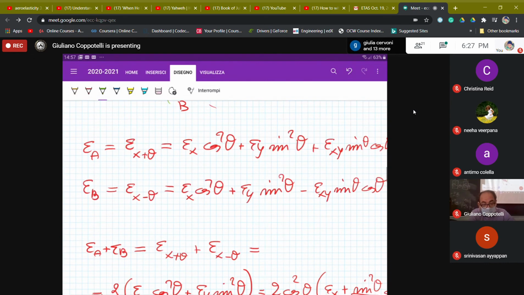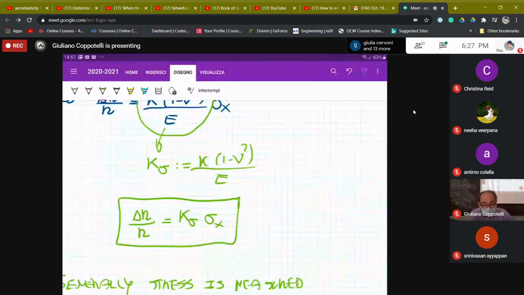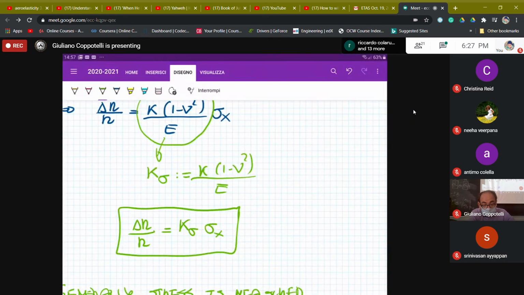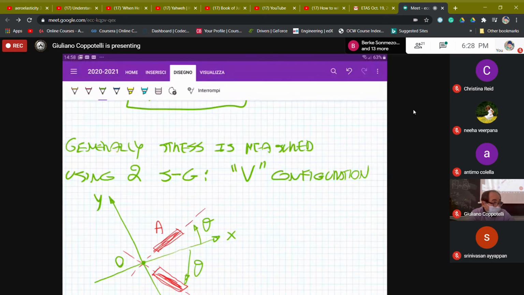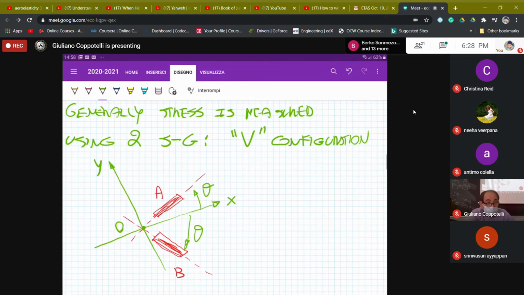Okay. So what you got here is a very nice relation that is telling you how you can measure the normal stress using just one strain gauge, the first part of this representation. Then you can use a V strain configuration, and you can have a very easy way of estimating, of measuring the shear strain, and therefore the shear stress.